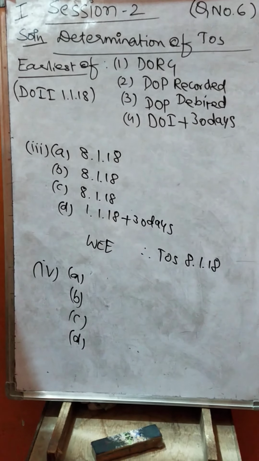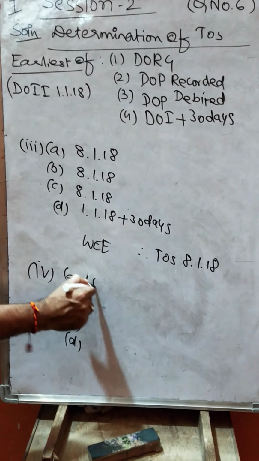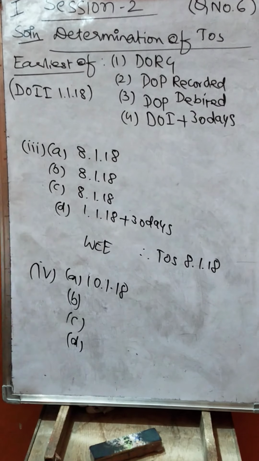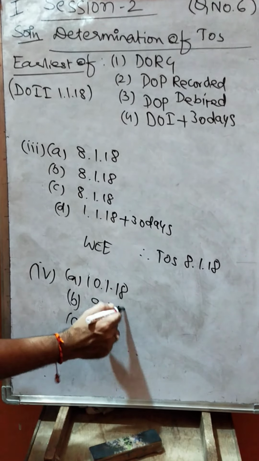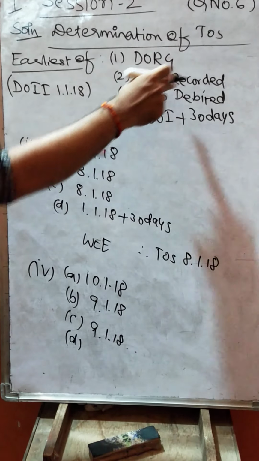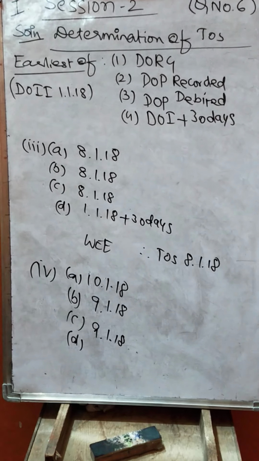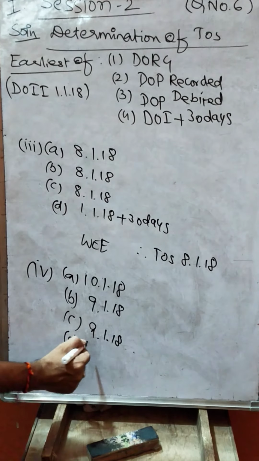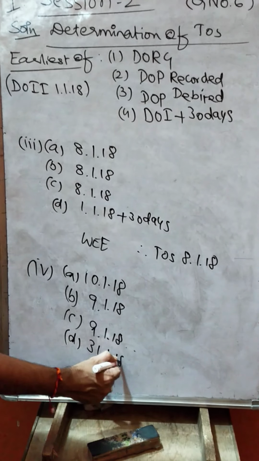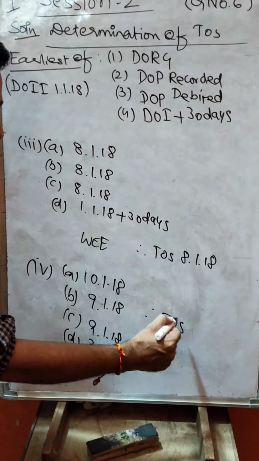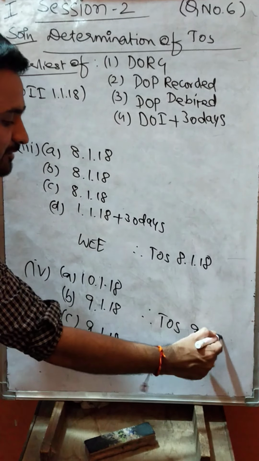So, Mr. Ashok received goods on 10th January, made payment on 9th January, this is also 9th January, because date of payment recorded, date of payment debited are happening on the same day. Date of invoice is 1st January. When we add 30 days to that, that will be 31st January 2018. In these four dates, whichever is earlier, time of supply is 9th January 2018.